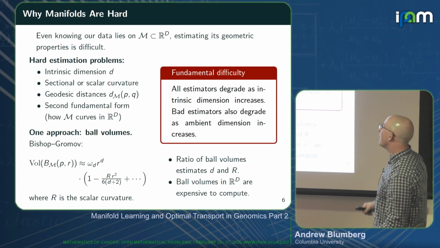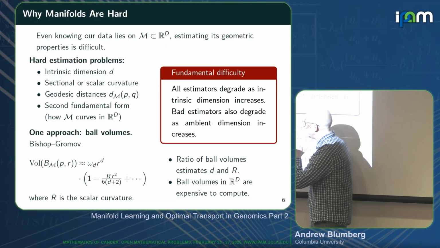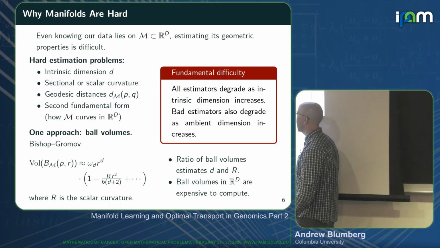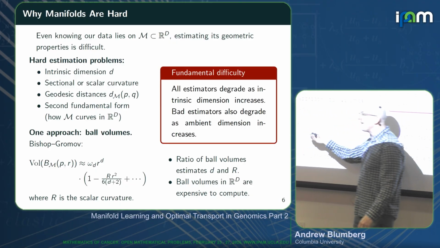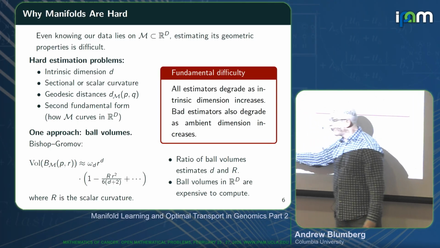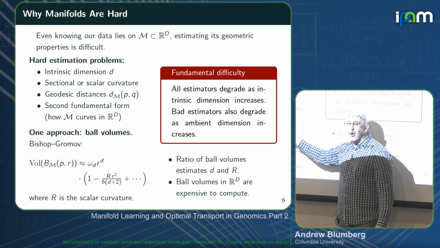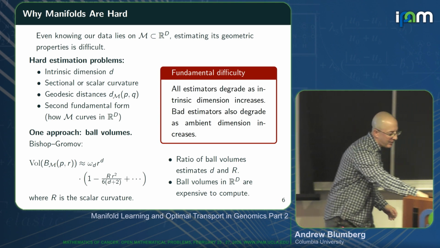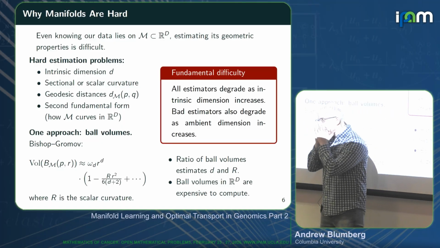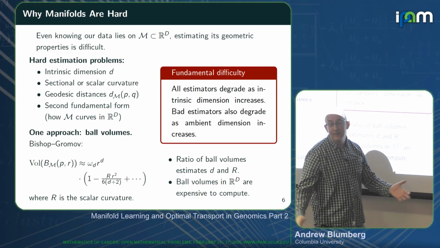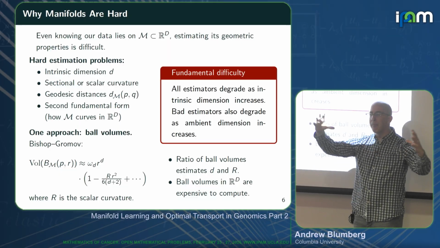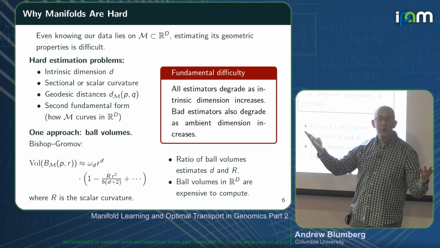And how are we going to do this? A really nice way to think about it, though not the only way by any stretch, is that if you take the Bishop-Gromov theorems, you take a Taylor expansion of the ball volumes. The lowest order term looks like r to the d. So here is a maximum likelihood estimator under certain hypotheses, which I think is written up in Levina and Bickel, although the idea in the computer science literature is much older. You take a point, you start blowing up a ball around it. What's the volume of a ball?